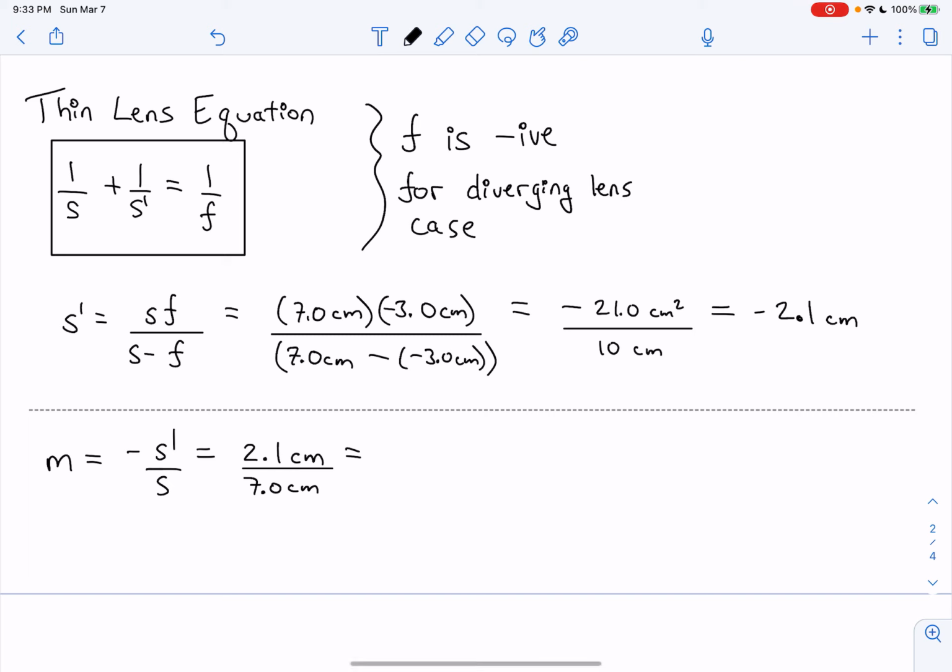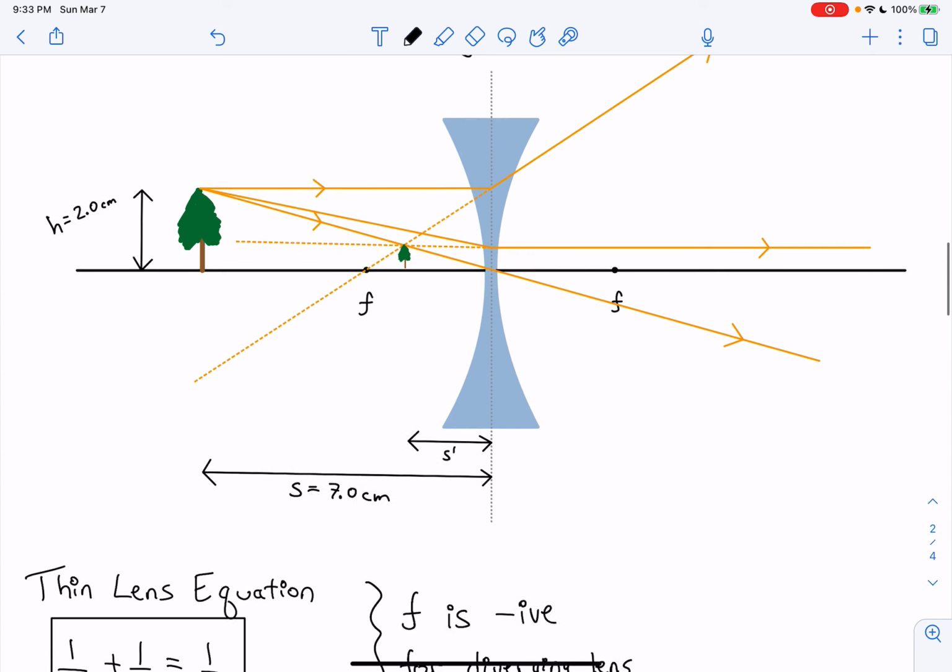And so we have a magnification factor, I'm just going to put it below, of 0.3. And before I move on, I'm just going to look. Does it look about 30% of the original size? Yeah, that seemed about right to me.